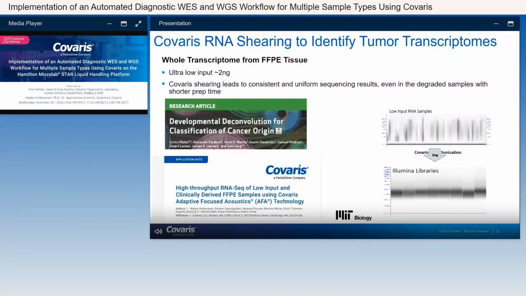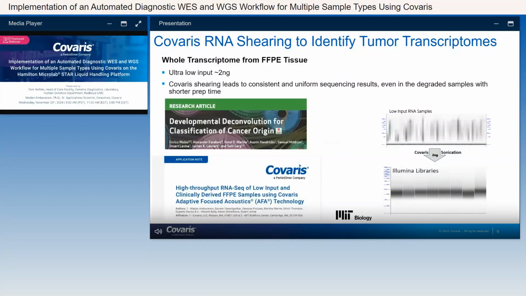Covaris AFA was used for RNA shearing on clinically derived ultra-low input FFPE samples. The top right gel image highlights the highly variable RNA sample quality.